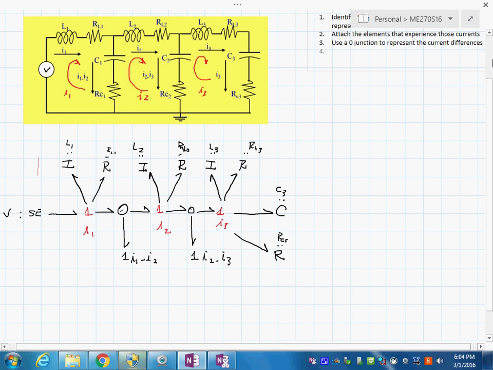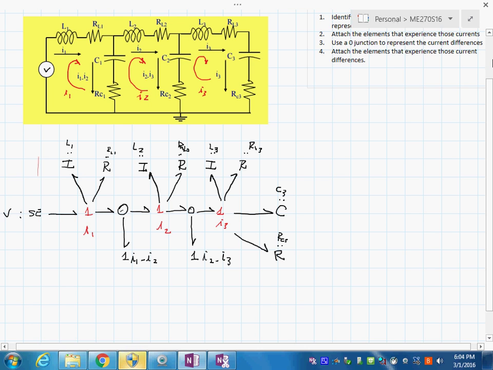You can see that in here, this and this see the different currents, and this sees also the difference between those two. So we need to attach those elements.